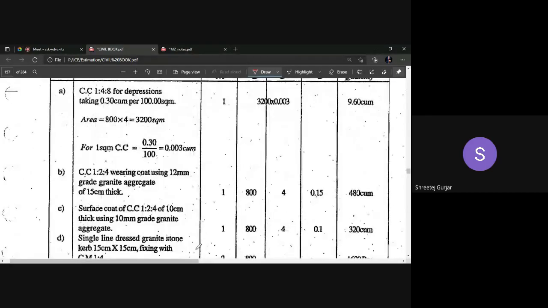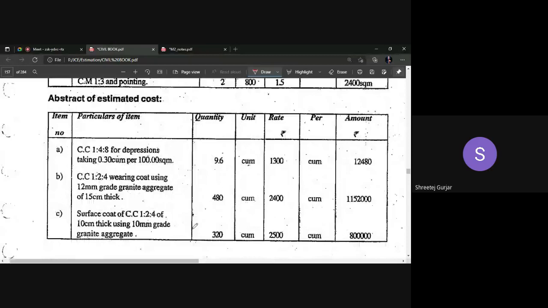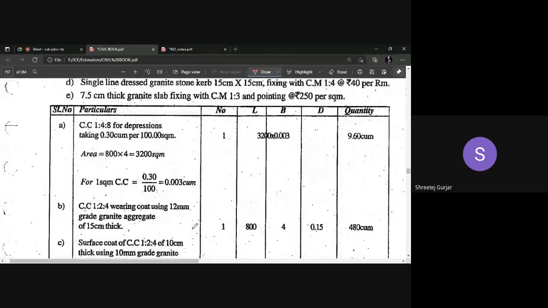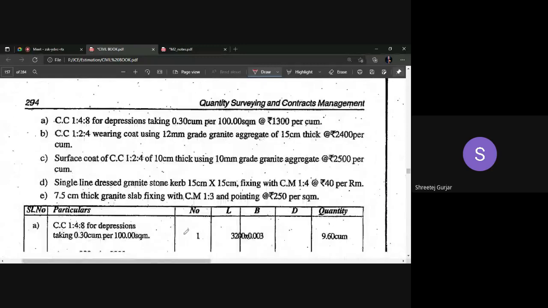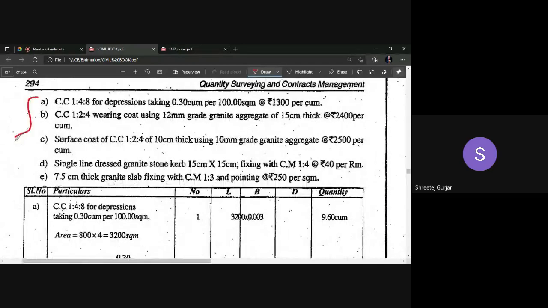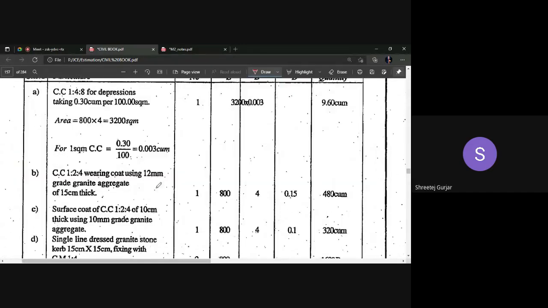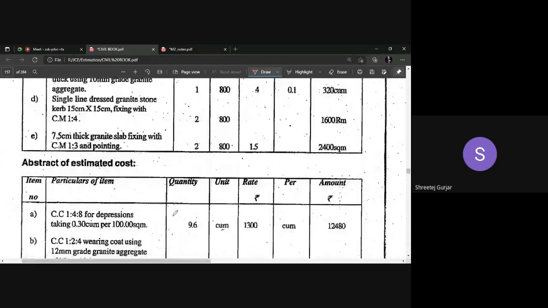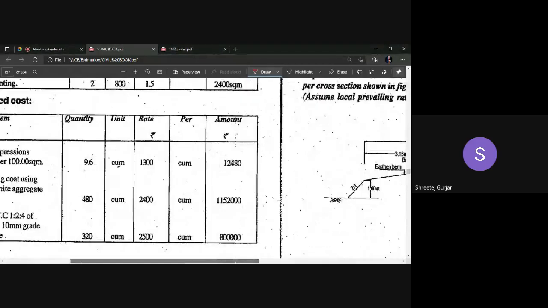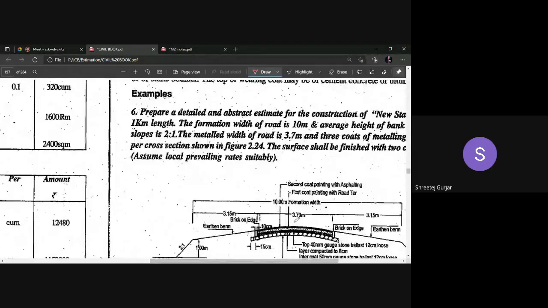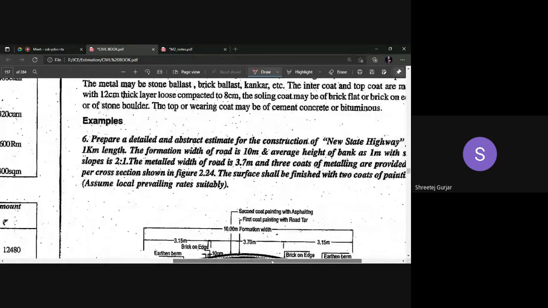So we'll skip this one. If you can read, I'll provide it in your notes. If you don't understand any part, let me know. We'll move on to your sixth numerical, that is this one.